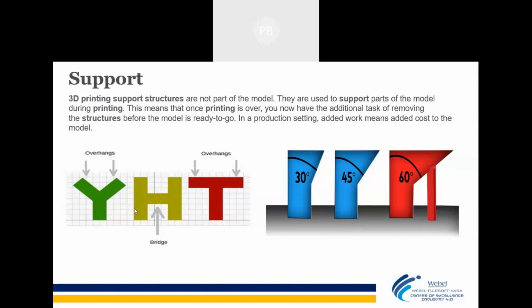So let's consider the H also. How will we orient the H, in the top view or the front view, so that it will develop no supports? Same as Y. Yes, sir. Okay, you tell me for the T now. For T, it is also the same.